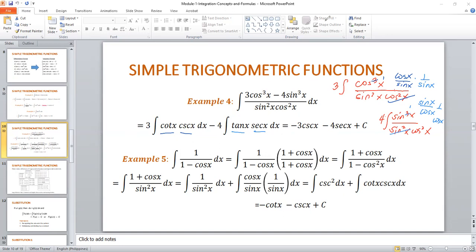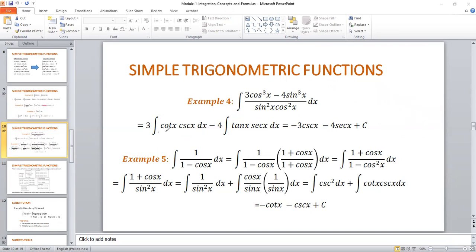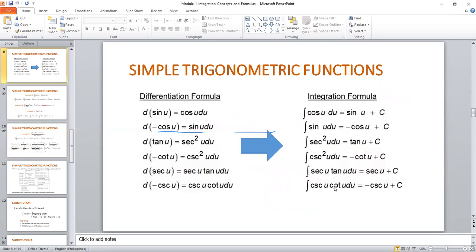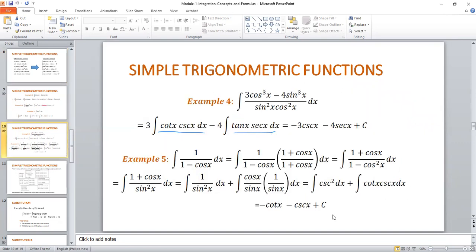If you will allow me to clear my markings, you don't have any questions. If I clear my markings, this one that you're seeing is actually here. Secant tangent, cosecant cotangent. Here's the answer. So that's the one. Okay?